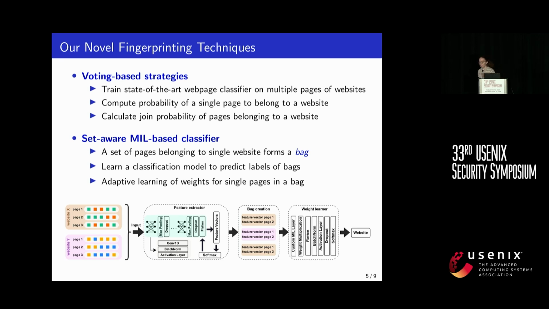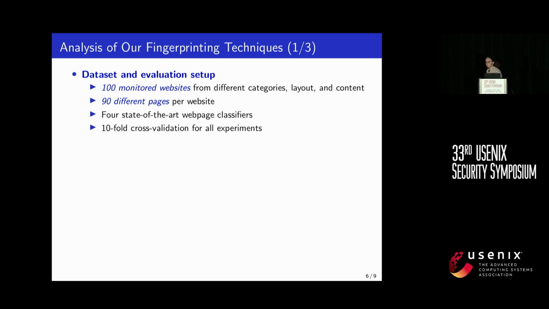All right, in order to evaluate our fingerprinting techniques, we are using a data set which consists of 100 websites, and for each of these websites we have 90 different pages. We use 4 state-of-the-art web page classifiers for the voting-based strategies, and for all experiments we use tenfold cross-validation.